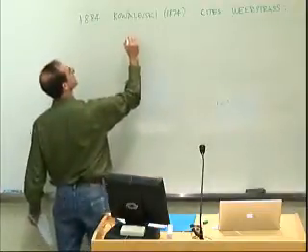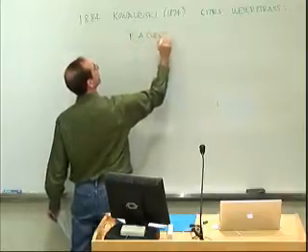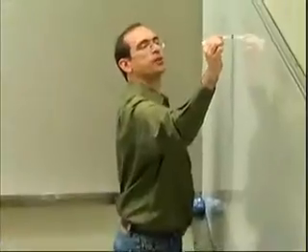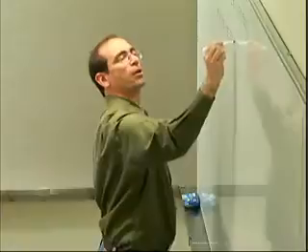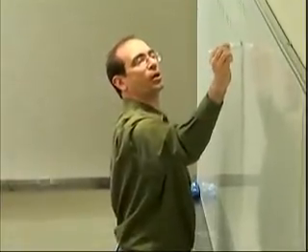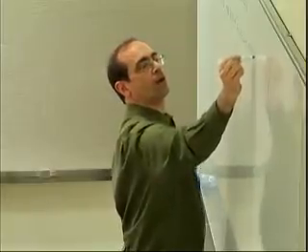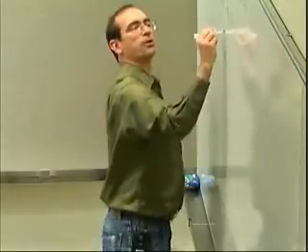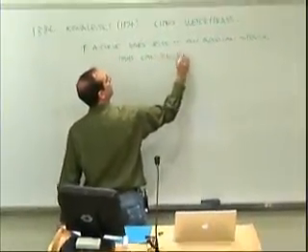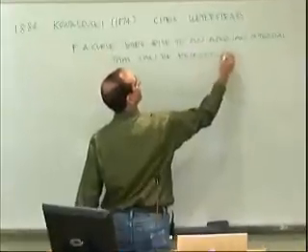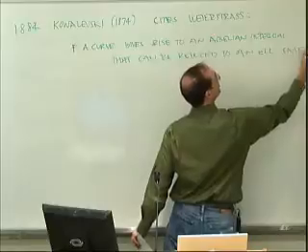So he says that if a curve gives rise to some abelian integral that you can write in terms of an elliptic integral, then its period matrix has a special form.